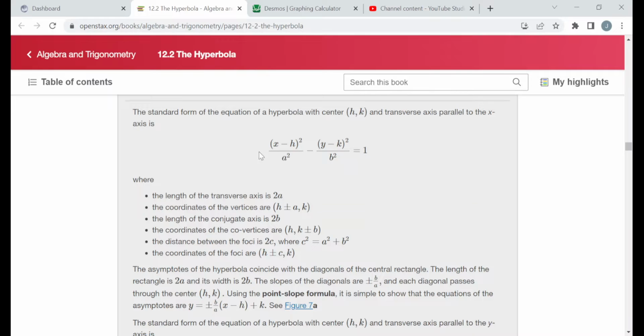It's once again a difference of squares equals 1, and if the transverse axis is horizontal, the x squared term will be the positive term.